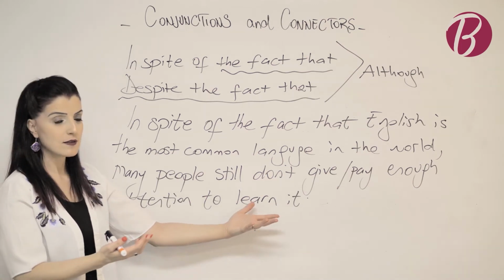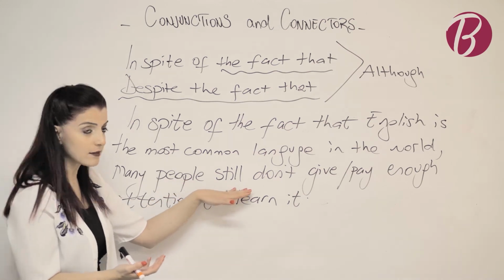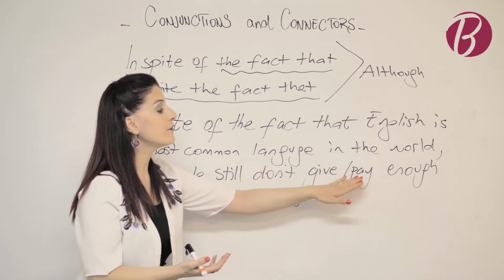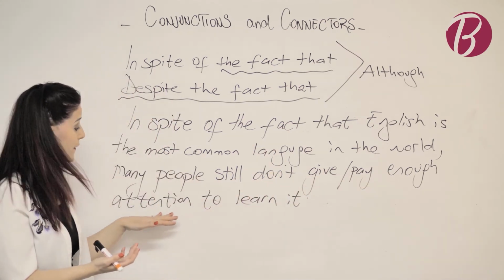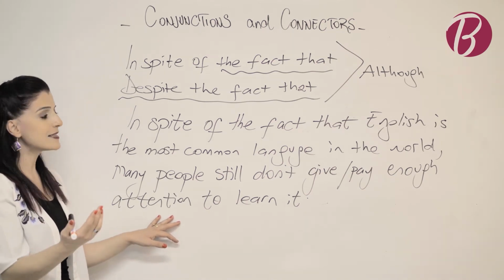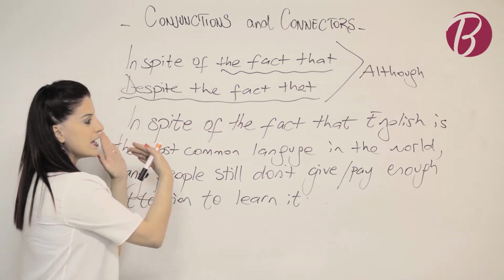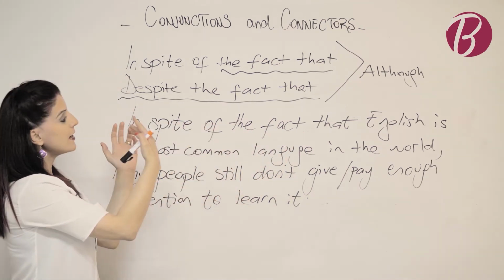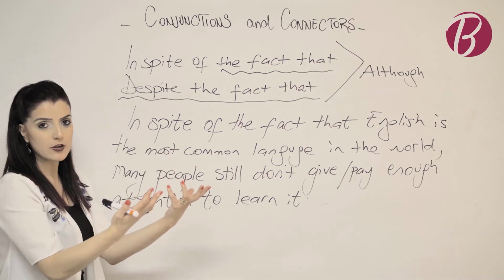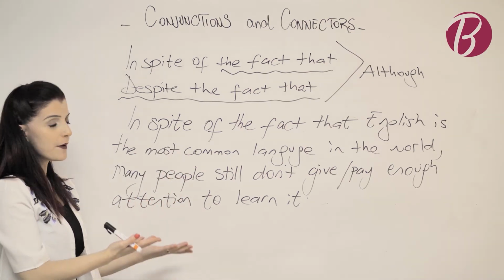What happens as contrast? Many people still don't give or pay enough attention. They don't learn, very interestingly. And this is a positive information. English is the most common language. It is a good thing. So people should learn. But what happens?